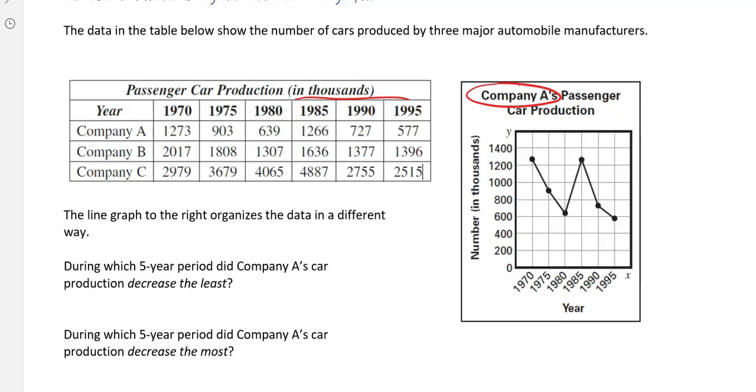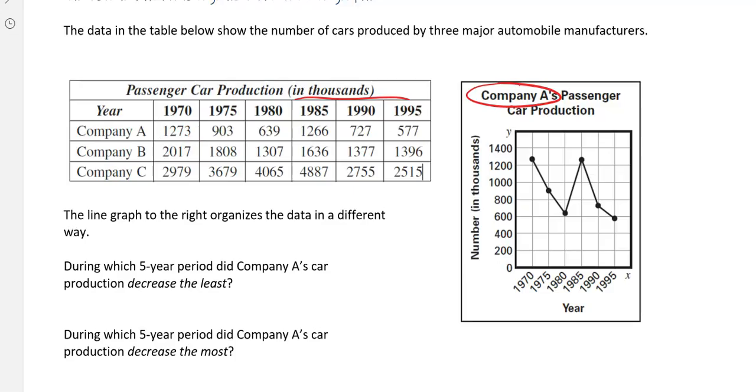Now we can see that with Company A in 1970, they produced, now this is in thousands, so if you looked at 1273, that would be 1273, and then add 3 zeros after that, and that's how many cars. So it's actually 1,273,000. But that's okay, it's graphed this particular way so we can take a look at it.